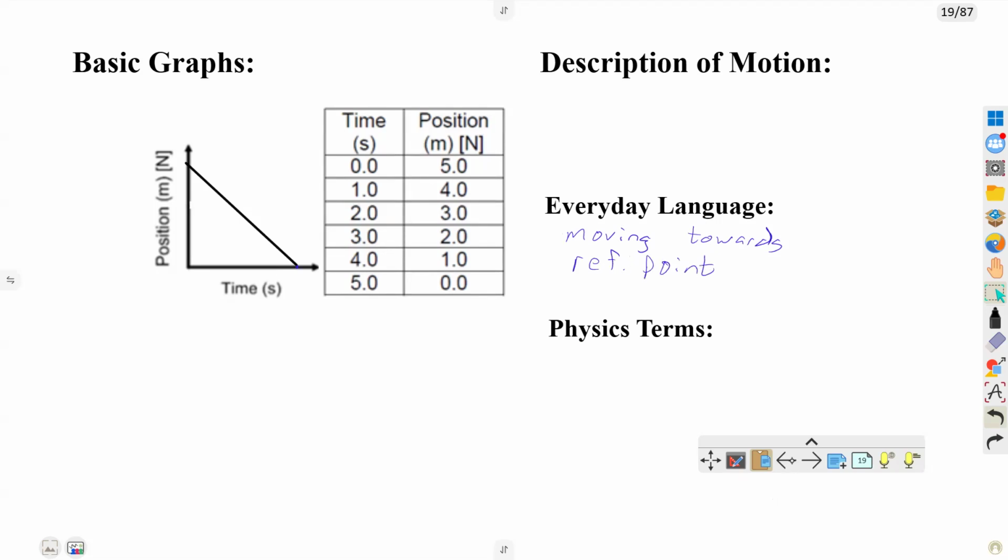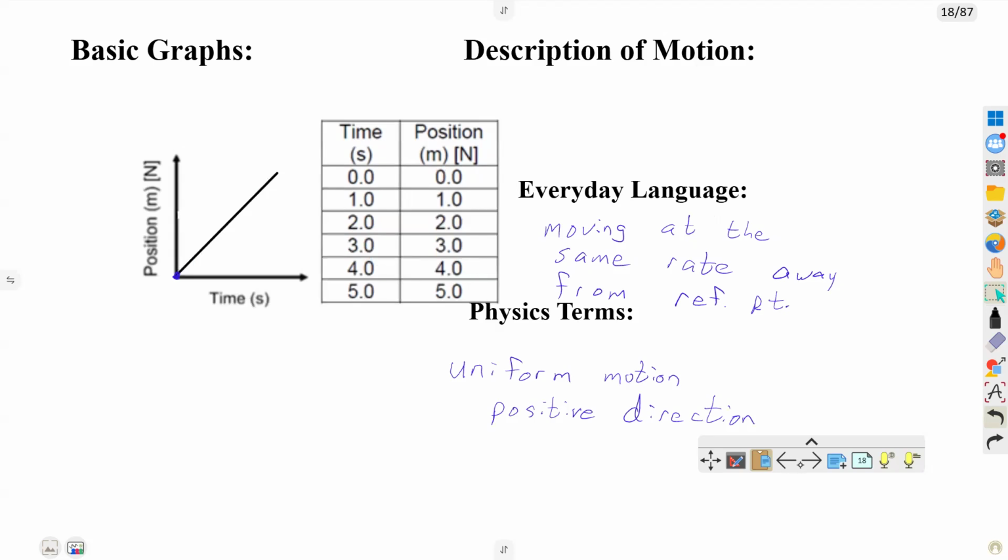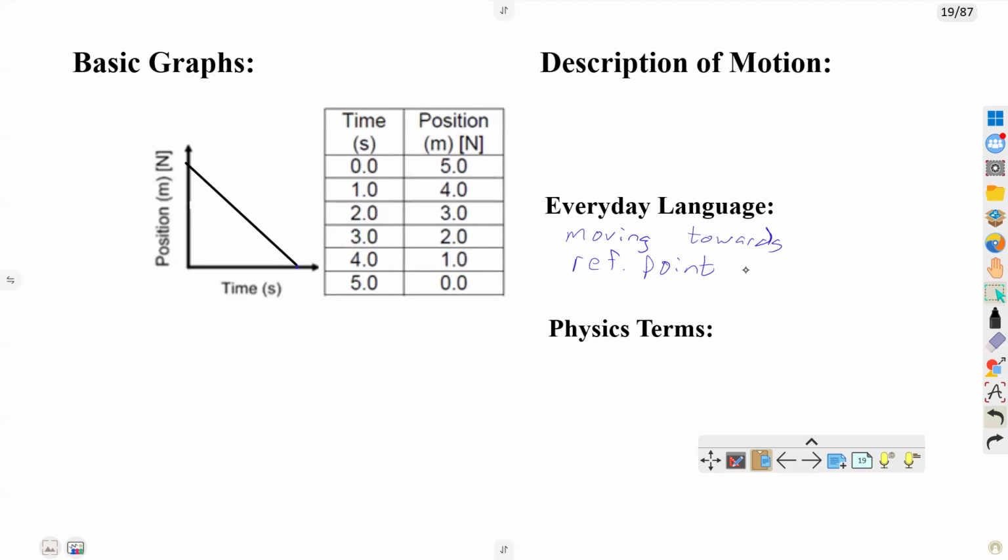Whereas, as you recall, in the previous one, we're moving away from the reference point. And again, this is happening at the same rate each second. We're not going 1 meter in the first second, 2 meters in the second, half a meter in the third second. We're moving 1 meter every second.